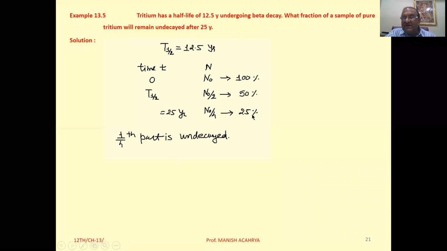So that is 25%. It implies that after 25 years, 1/4 part of the tritium will be undecayed. Or in other words, we can say 25% will remain undecayed and 75% will be decayed. Clear to all of you?